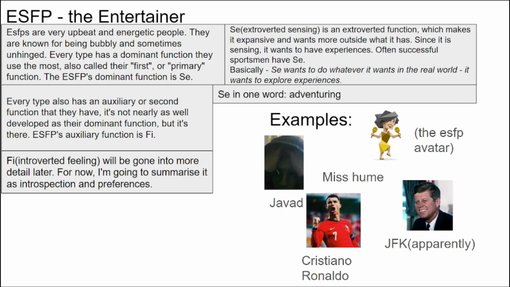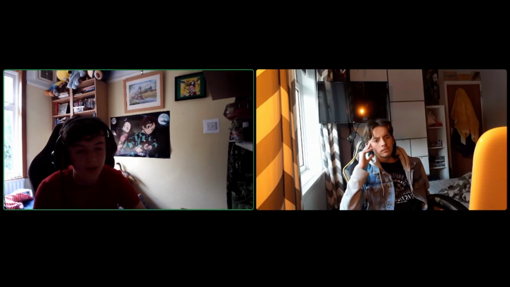For now, I'm going to summarize it as introspection and preferences, but that's an awful explanation. Fi is a difficult one to explain, which is why there are slides dedicated to it later. They were the slides that took me the longest to do because I kept getting confused.